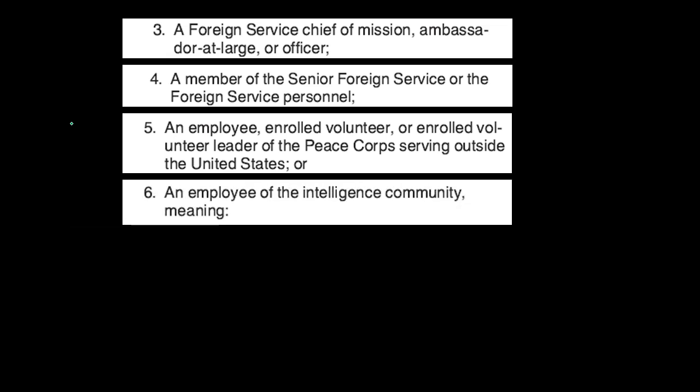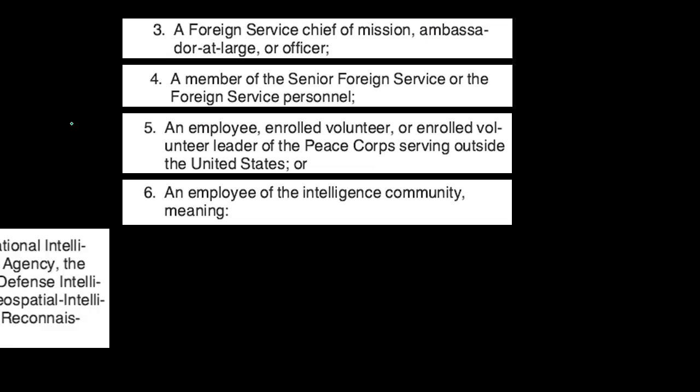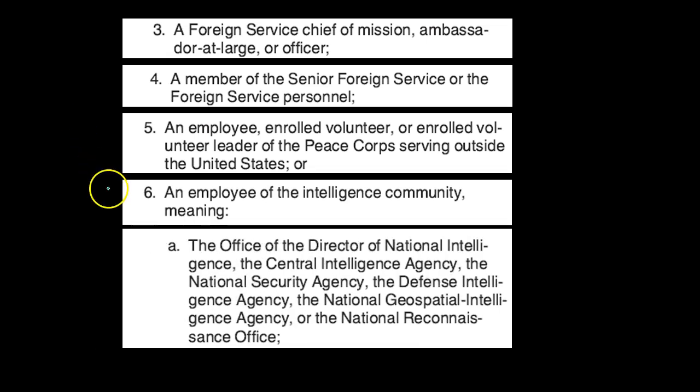Or 6, an employee of the intelligence community, meaning the Office of the Director of National Intelligence, the Central Intelligence Agency, the National Security Agency, the Defense Intelligence Agency, the National Geospatial Intelligence Agency, or the National Reconnaissance Office.